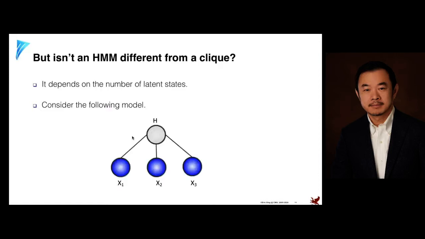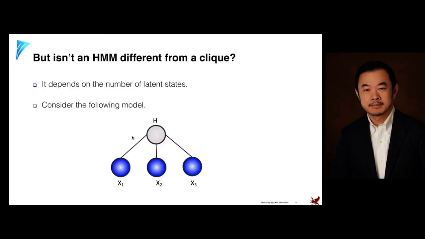Maybe here is a way to look at it. Here I have a very simple graphical model of 3 observed random variables, all connected to one hidden random variable. Obviously the hidden random variable h has a cardinality.